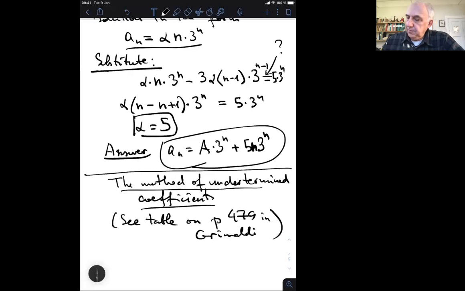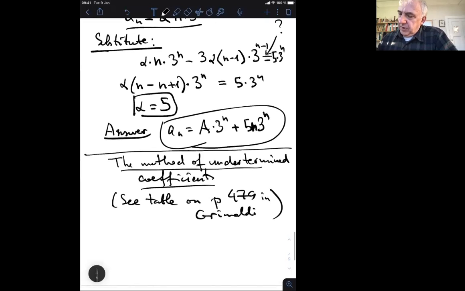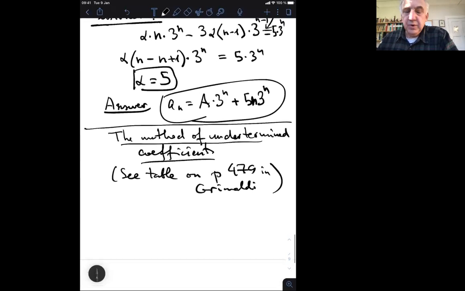Okay, so let me discuss in more detail the case of linear non-homogeneous recurrences of order 2 where the right-hand side is again a geometric progression. But for the general case, look a little bit in Grimaldi's table, and you'll see what other cases can be addressed.